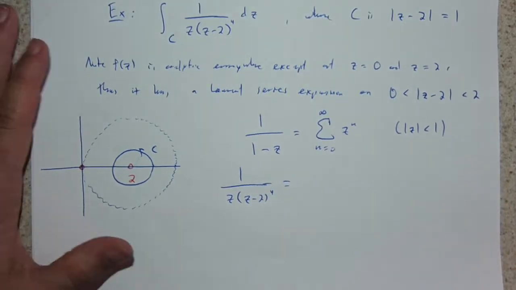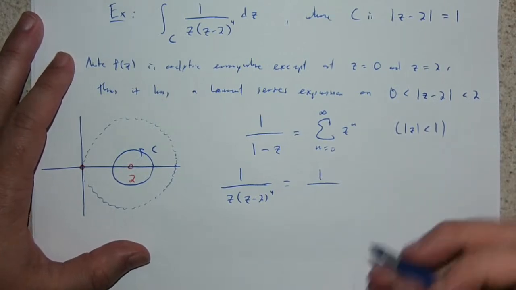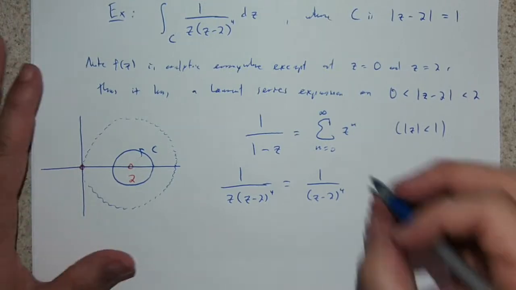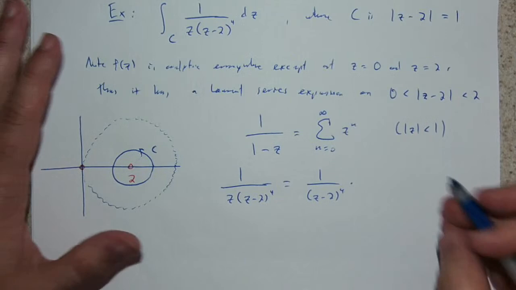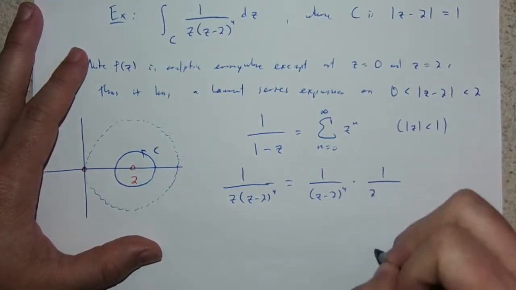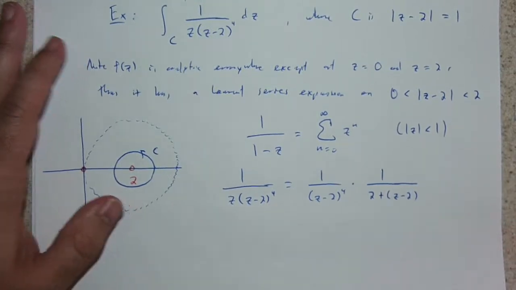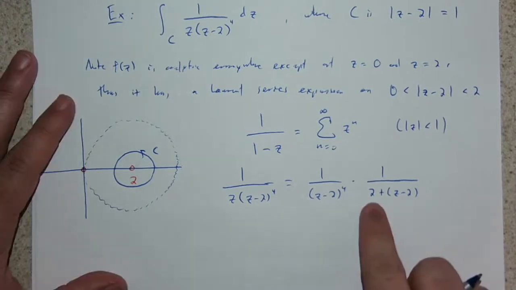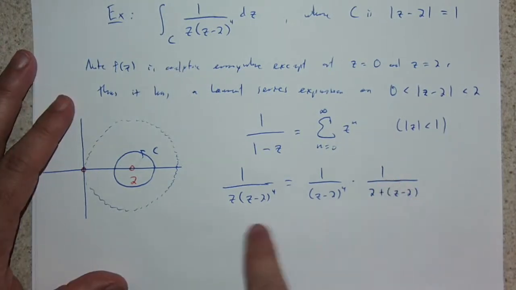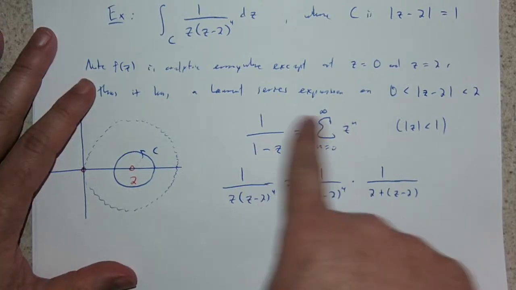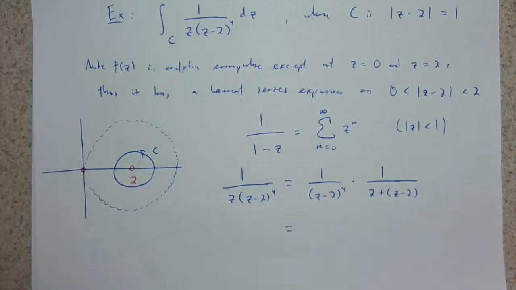We can rewrite this as 1 over (z minus 2) to the 4th times 1 over 2 plus (z minus 2). Well, look, 2 plus (z minus 2) is just actually z here. So nothing fancy's happening, just some typical algebraic trickery to make use of what we know about familiar series.